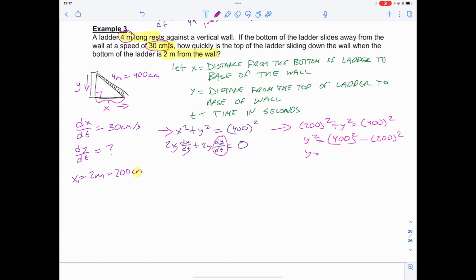Or y is going to equal the square root of 400 squared minus 200 squared, which is going to give me the square root of 120,000, which I can reduce to 200 root 3. So I do have enough information to solve that other piece of missing information.